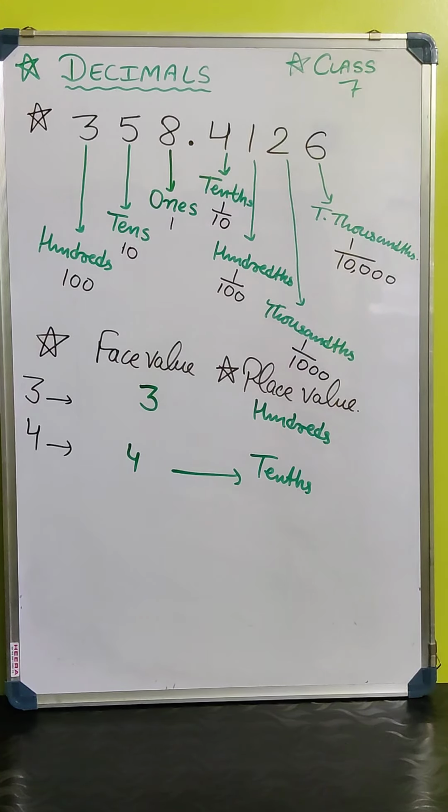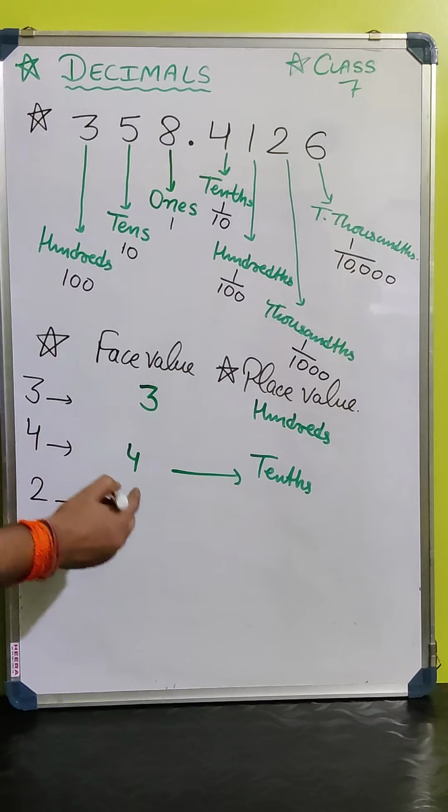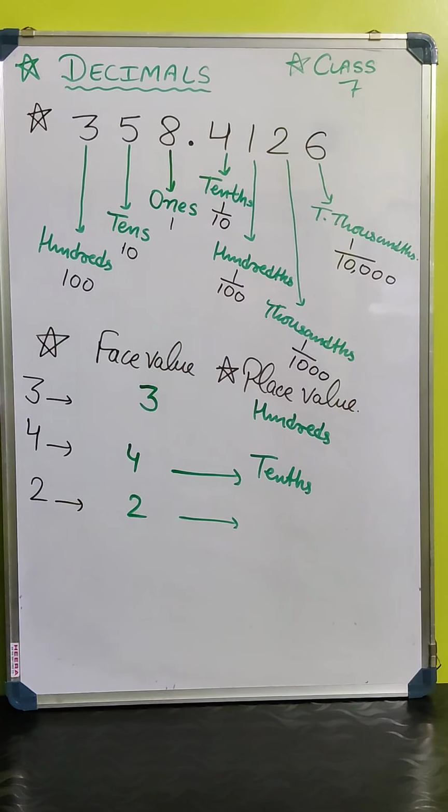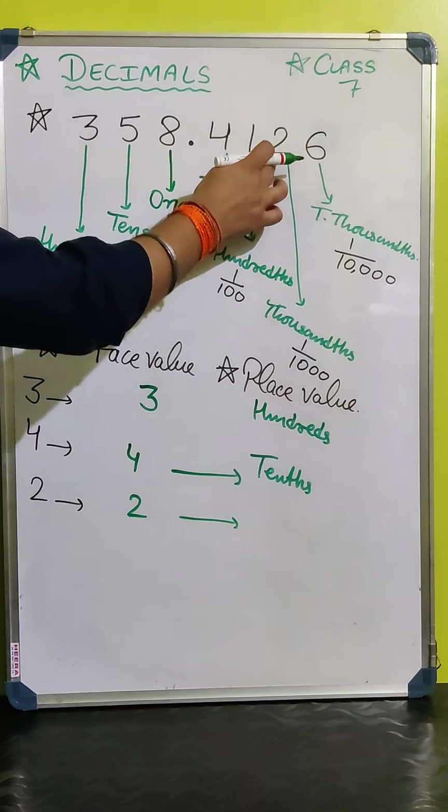And if they ask about the 2, the face value is what you see, and the place value is simply the thousandth place. Understood everyone? Now we have discussed the tenth place, hundreds, thousand and ten thousand, and lakh will come, then ten lakh.